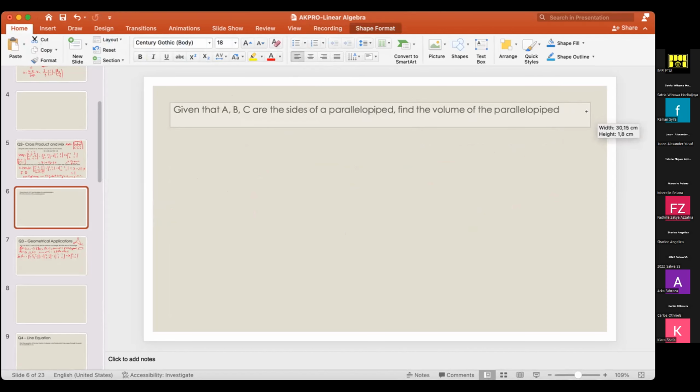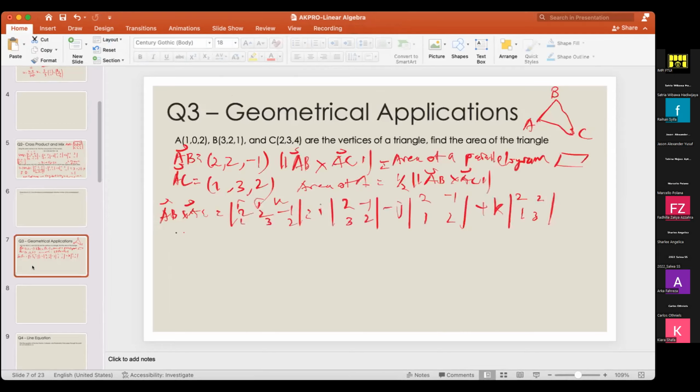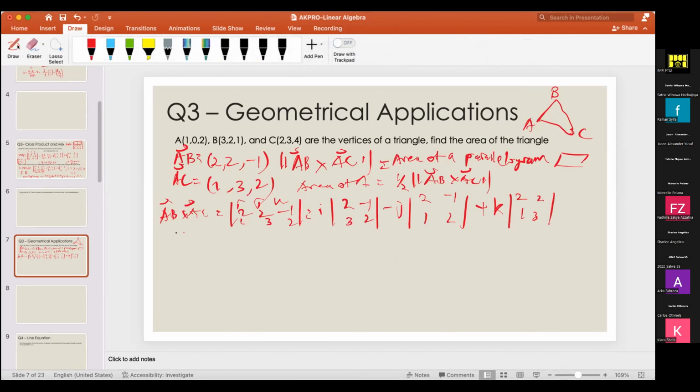And so this will be 4 plus 3, that's 7i. 4 plus 1, that's 5, so that's minus 5j. Plus 6 minus 2, that's 4, plus 4k.